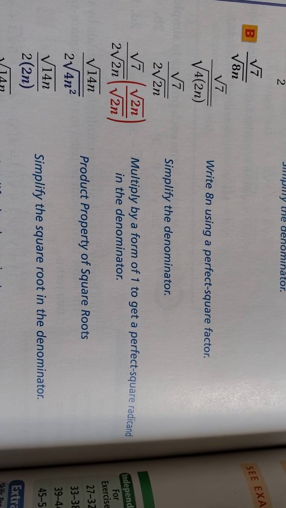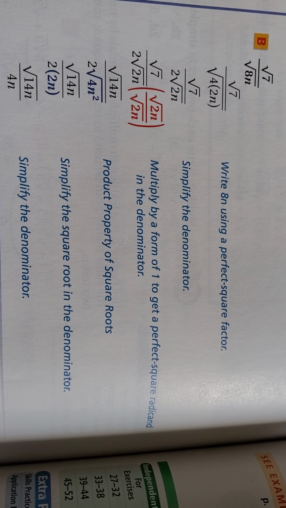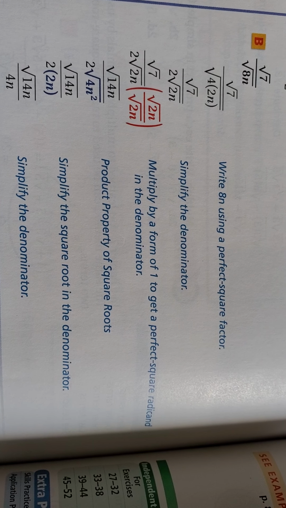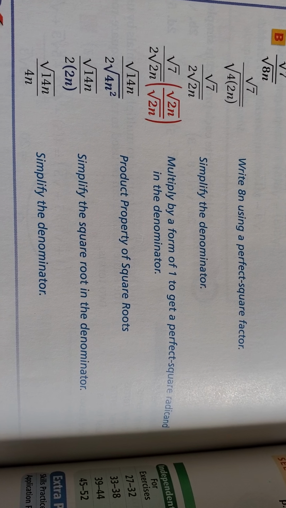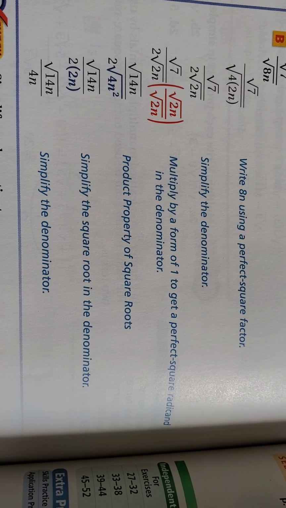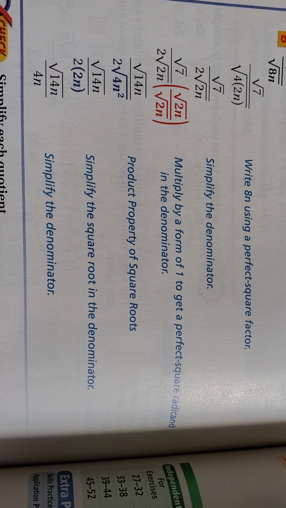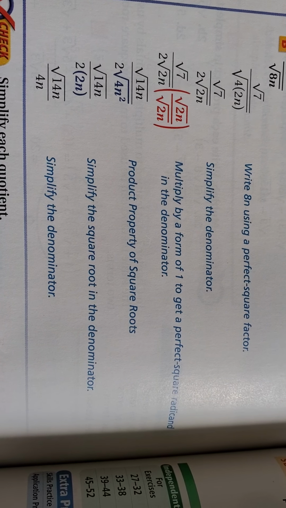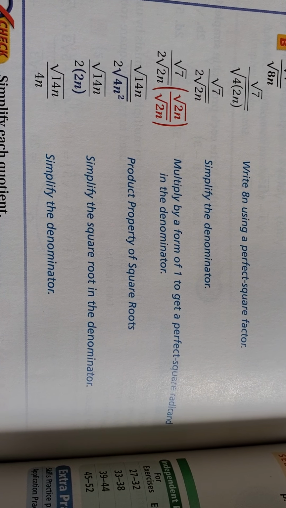Similar question here in B, it just takes some more steps. We're going to start by changing the bottom, the square root of 8n, we can write that as 2 root 2n. We can then multiply by 1. And this form of 1 that we're multiplying by is root 2n divided by root 2n. Well, guess what?